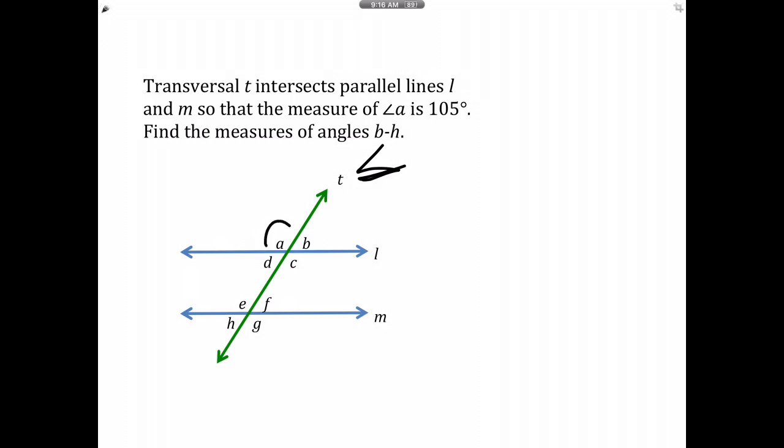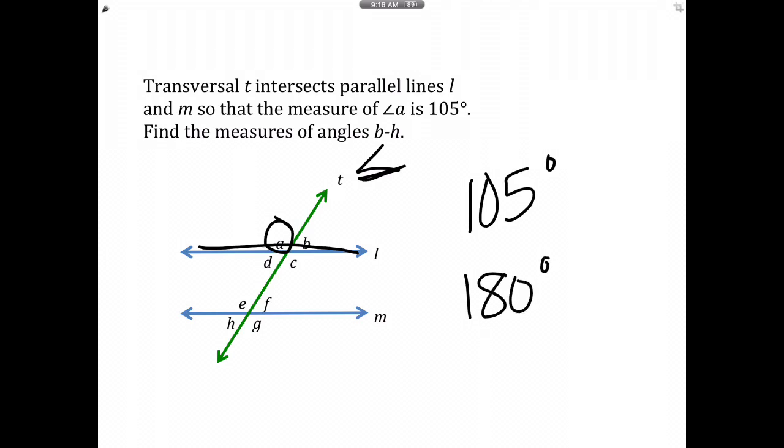So angle A is 105 degrees. Now I'm going to show you something crazy. Angle A is on a straight line with angle B. That means a straight line is 180 degrees.